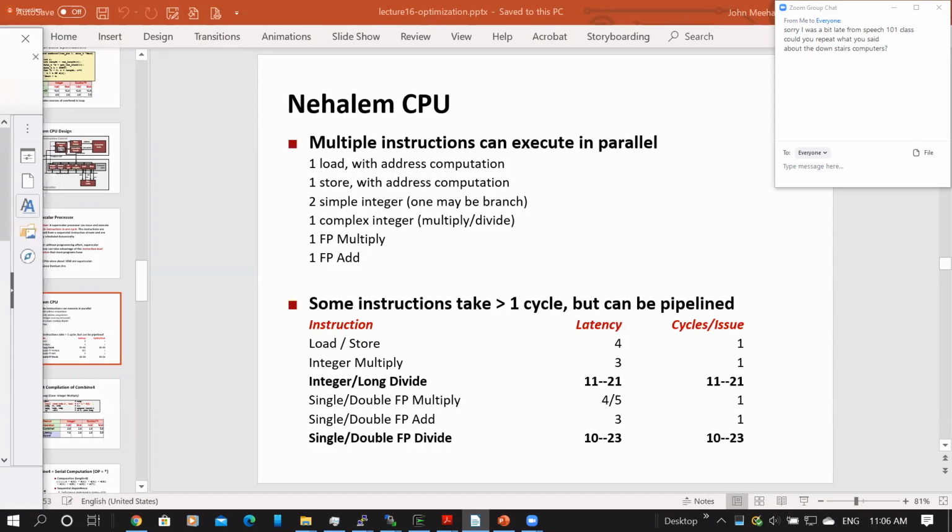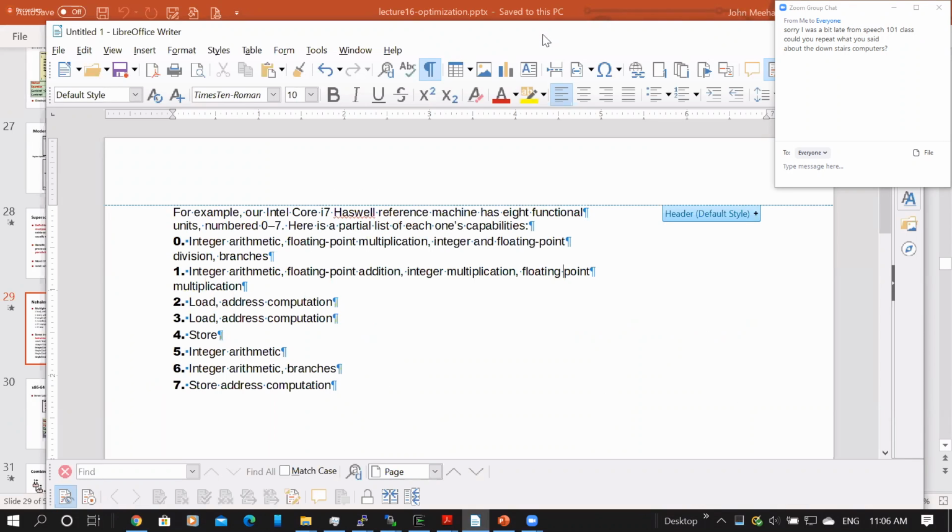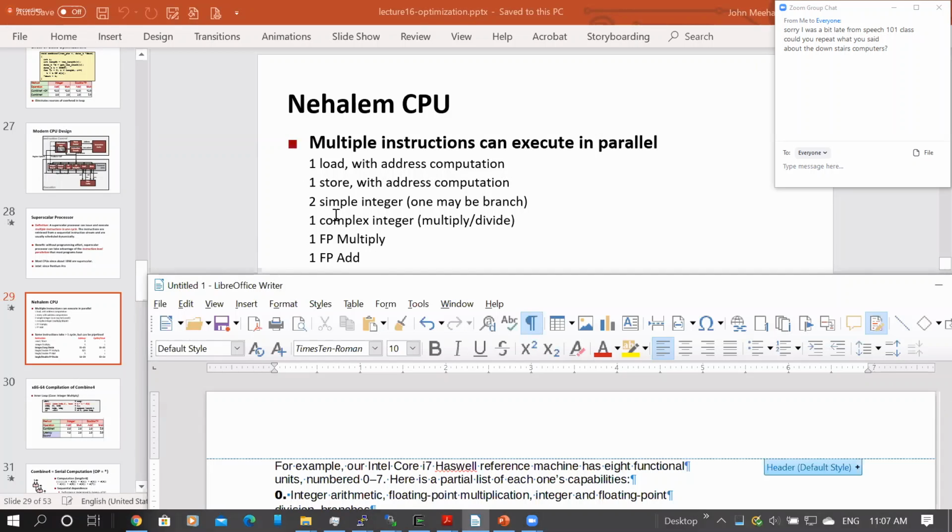And you notice that one of the differences between the Haswell and the original old ancient Nehalem processor is that in the Nehalem processor, you have these functional units, and each of those functional units can only do one specific thing.